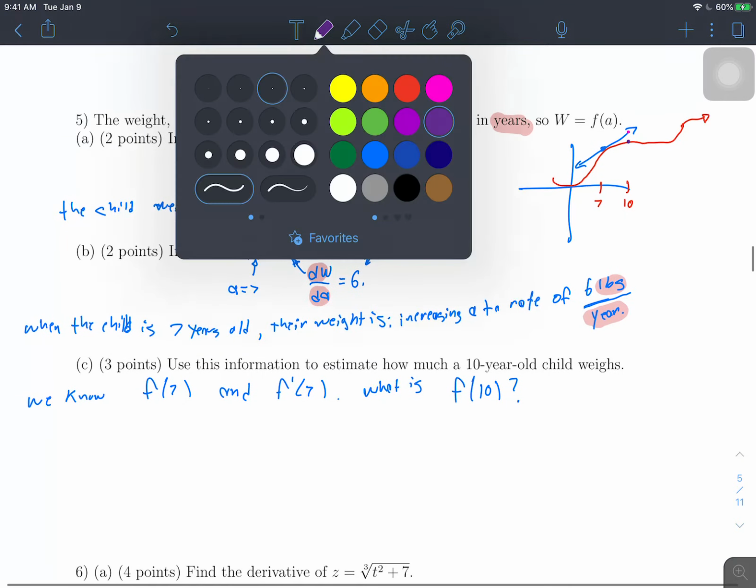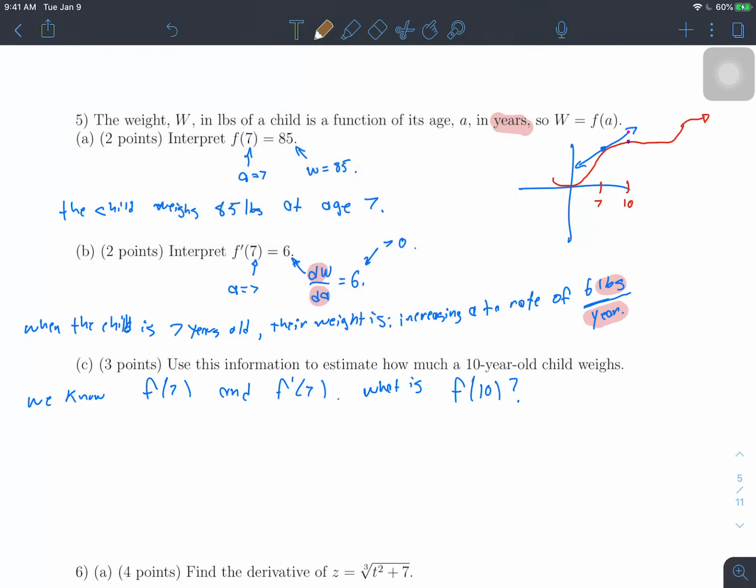If you don't remember, the tangent line approximation formula is that the tangent line is going to be equal to f of a plus f prime of a times x minus a. And here a nicely corresponds to the actual value, which we're going to be using here, which is 7.